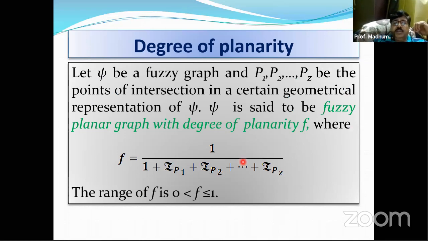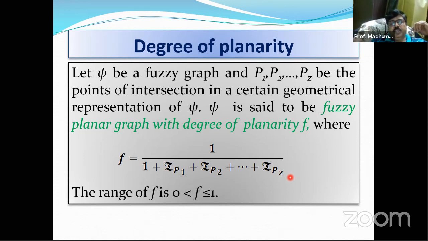So based on this concept, we define one term, degree of planarity. That is defined by this formula, 1 by 1 plus IP1, IP2, up to IPZ, where P1, P2, up to PZ are the points of intersection of the edges in the graph. That means the diagram is given, and we identified Z number of intersections between the edges.